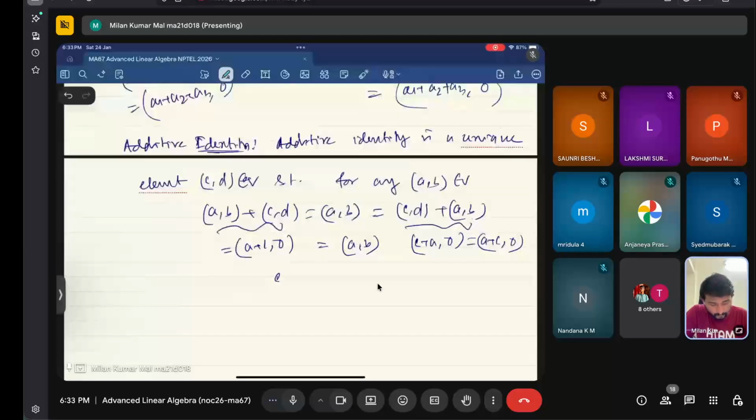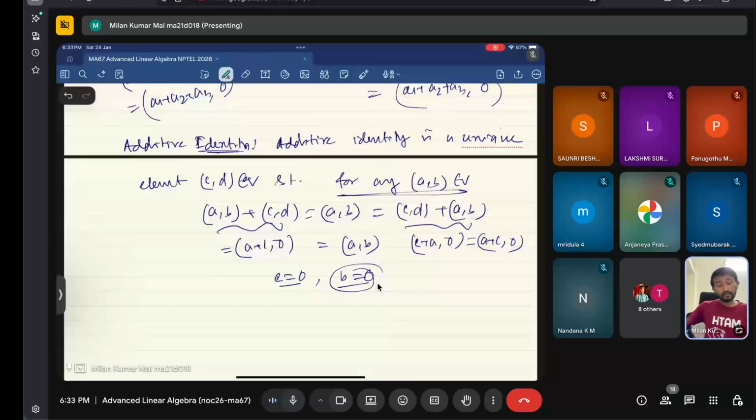Additive identity is a unique element (c, d) belonging to V such that for any element (a, b) belonging to V, this property should hold. But here it is forcing b to be 0, but b need not be 0. One can take (a, b) where b is not equal to 0, for example (2, 3). This is in V, because V is actually R2. So b is not 0, which means there does not exist such an element.